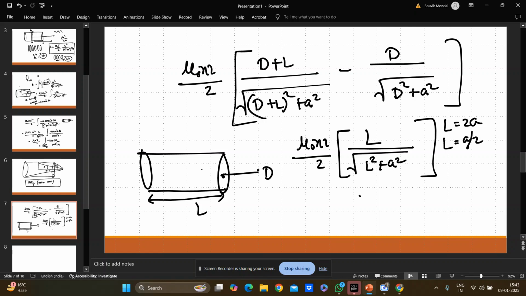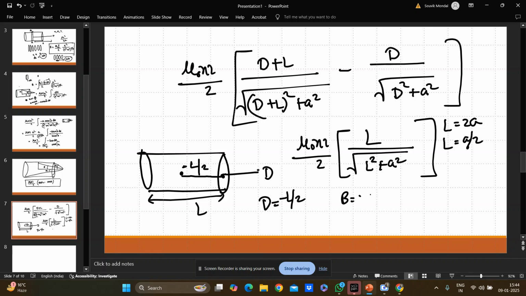Okay. Now suppose you want to find the magnetic field at the center. So your D is minus L by 2, right? If you want to find the magnetic field at the center, then you start from this point and go in negative direction, and the distance you travel is L by 2, but it is in negative direction. Okay, so D is minus L by 2, right?